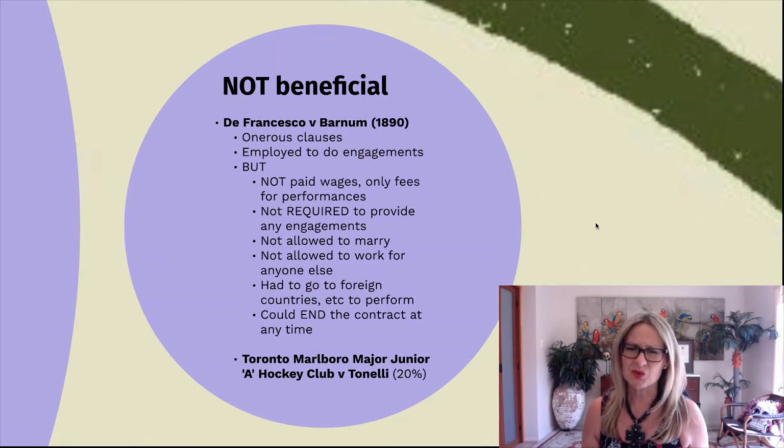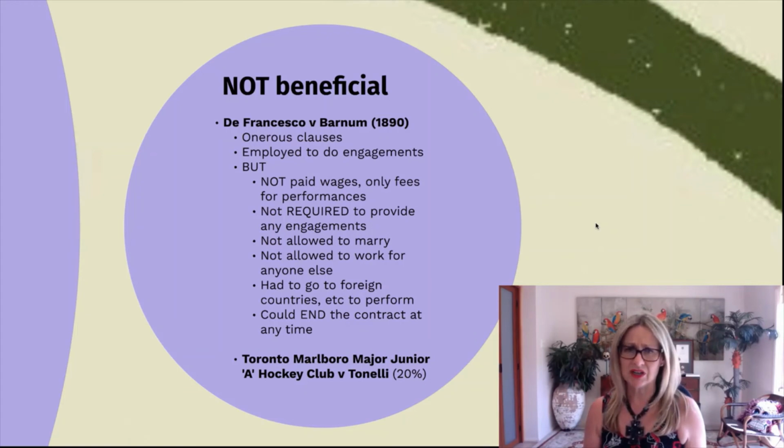There were other things also in this contract that were a little bit odd, a little bit unusual. They weren't allowed to marry, and they had to go wherever he sent them, basically. So foreign countries, America, you name it, he could send them anywhere. And De Francesco could end the contract at any time. So he basically had these kids at his beck and call.